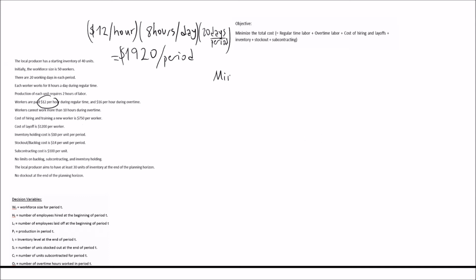So in our objective, this is going to show up as 1920 W_t. So for each worker, we are going to pay 1920, and this is going to be the same for each period. Therefore, we have to sum it over t. I'm not going to write this explicitly because that's going to be very simple, same idea.